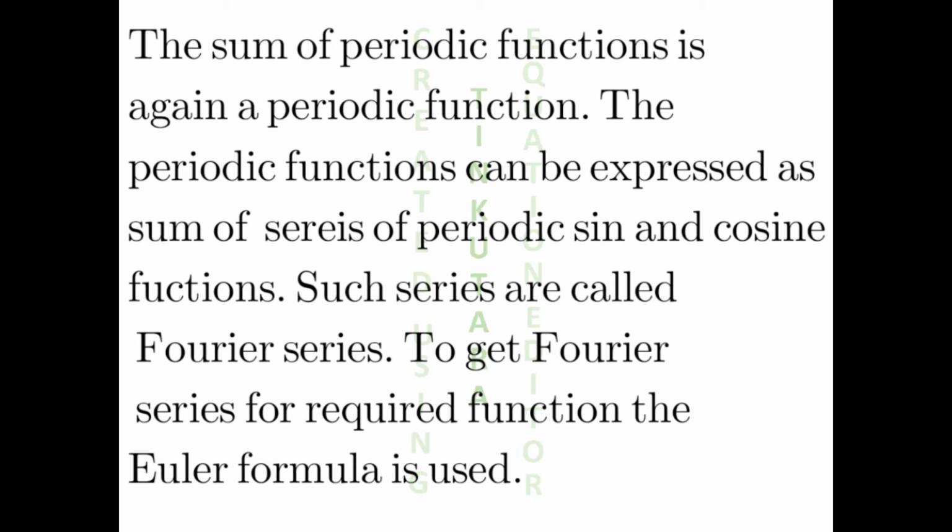So whenever the function is defined either on the interval minus pi to plus pi, or for all values of x in the interval 0 to 2 pi, or on the interval minus pi by 2 to 3 pi by 2, in all these cases we use the basic Euler's formula.